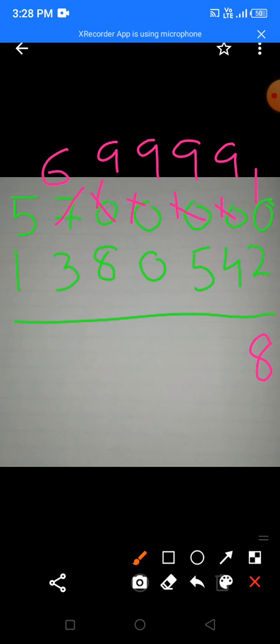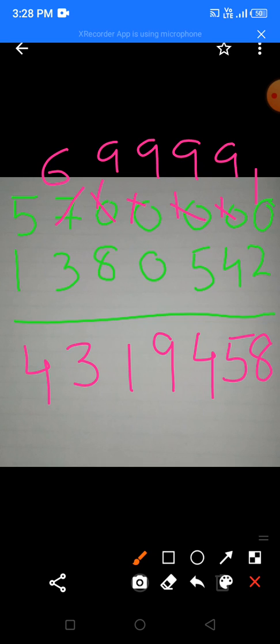Then 9 minus 4 will give you 5. Again 9 minus 5 will give you 4. Then 9 minus 0 is nothing but 9. Again 9 minus 8 will give you 1. 6 minus 3 will give you 3. And 5 minus 1 will give you 4. So this is your answer.